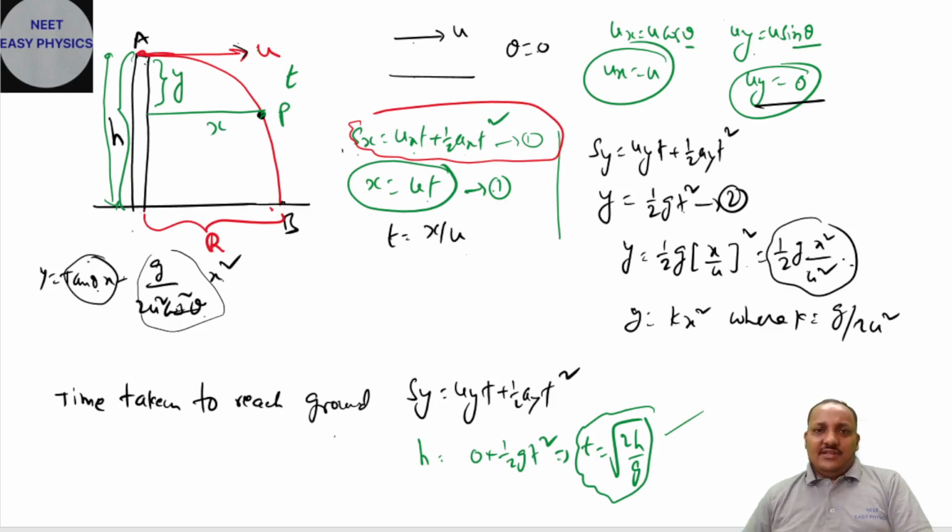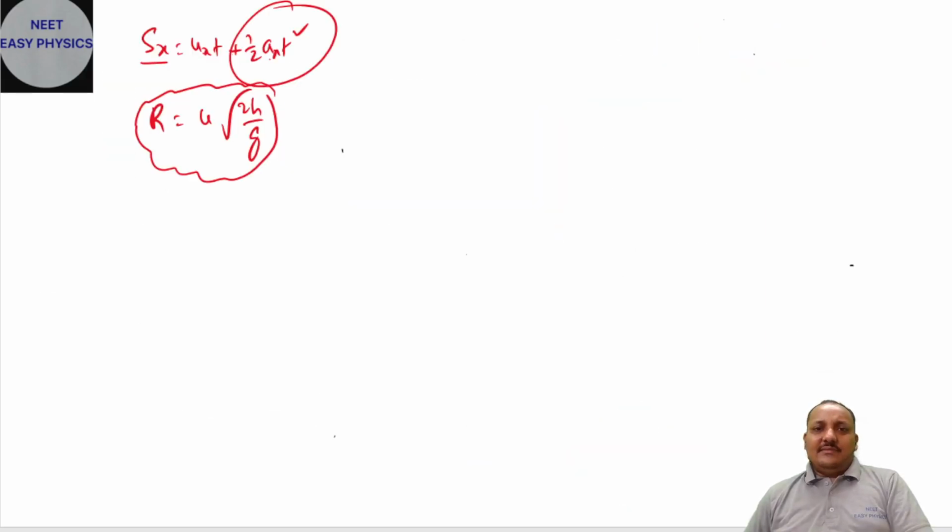Now in this, they can also ask what the velocity is after t time. If this is the velocity, it is going to make an angle alpha with the horizontal. So v cos alpha, v sin alpha. So how much velocity will it have after t time? Again, our formulas: Vx equal to ux plus ax t, Vx equal to u.